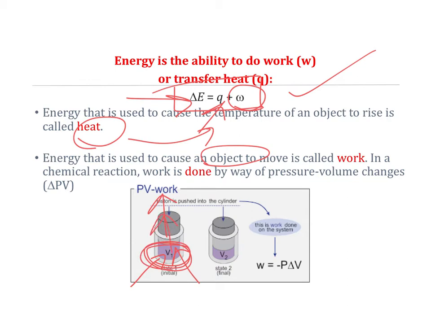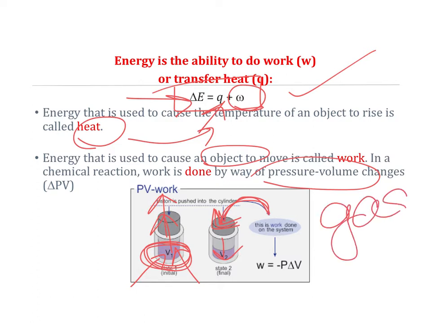The other way around, if the surroundings were doing work on the system, then the atmospheric gases would push on the system, causing the volume to decrease. So in chemical systems, when we talk about work, we're talking about pressure volume changes. And again, the only time that we would see significant work is if we had a gas involved.